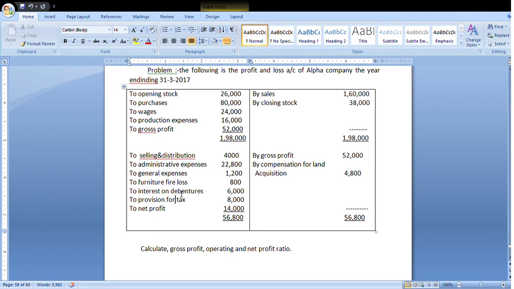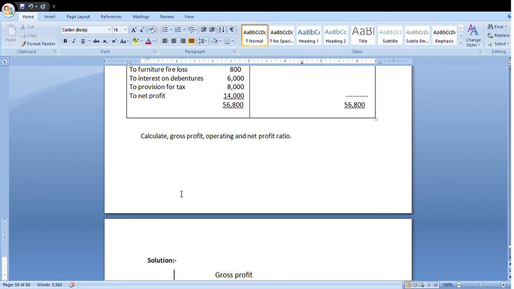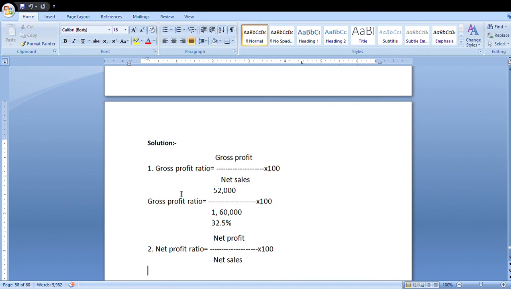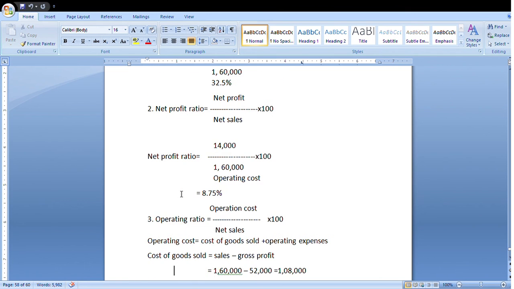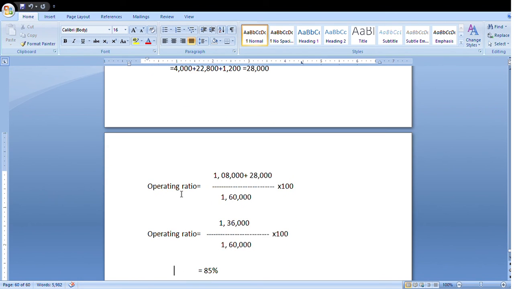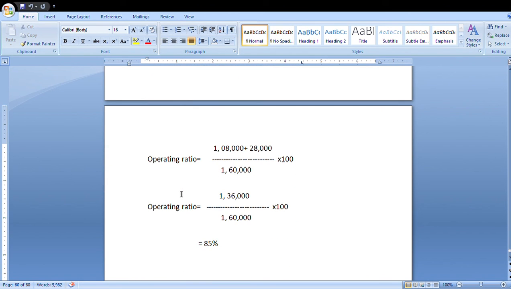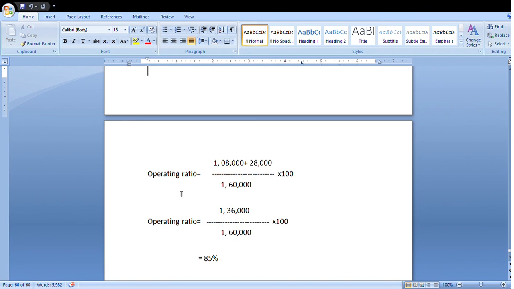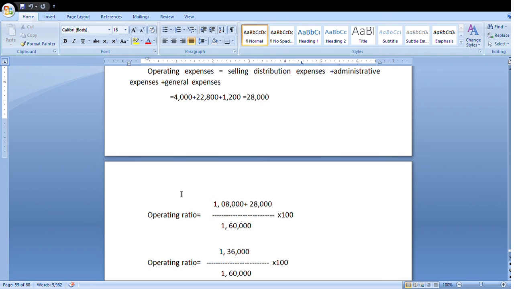Calculation of the operating cost. Operating expenses is equal to 4,000 plus 22,800 plus 1,200, which is equal to 28,000. Operating cost is equal to cost of goods sold plus operating expenses.